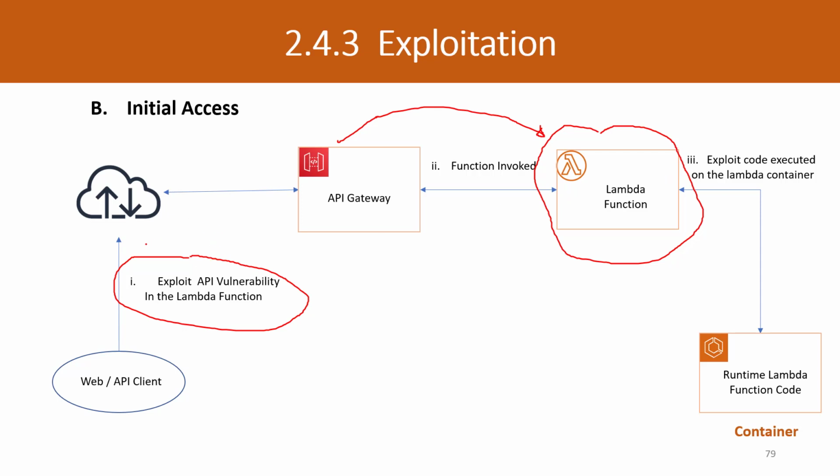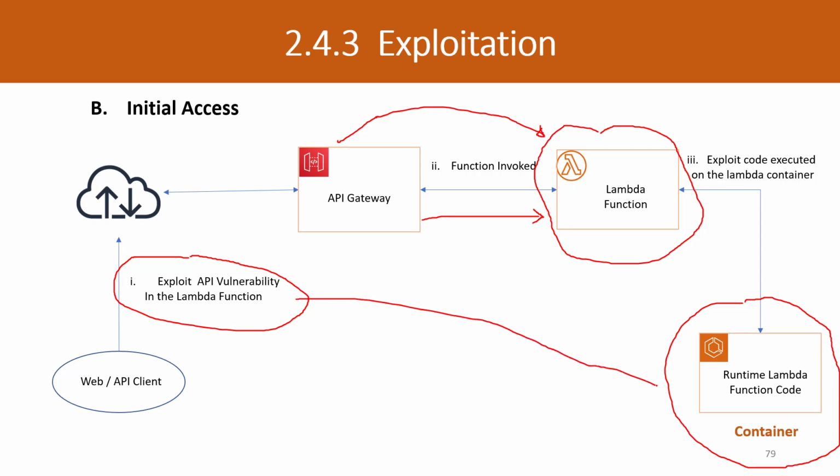I hit this API endpoint, and the function is invoked in the Lambda function, the code mentioned there runs on a container. This is the runtime of the Lambda function code, running on a container, and we get the initial access using this container. We can execute whatever operating system level command we want in these containers. I will show you how it looks.